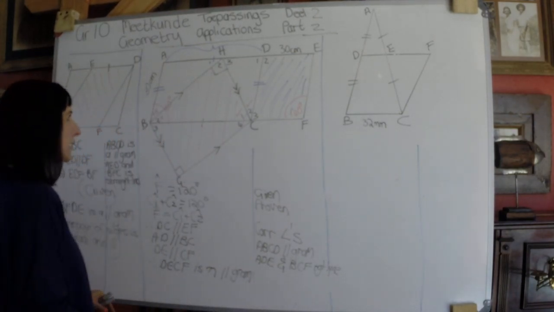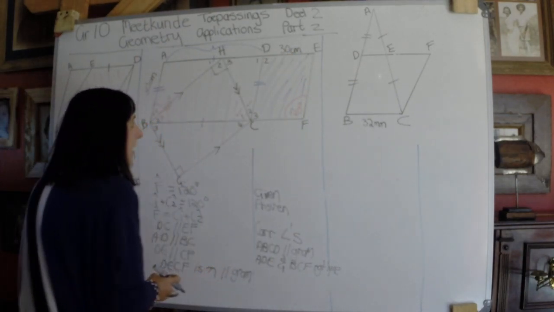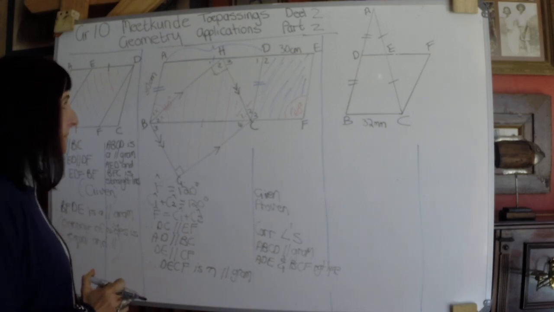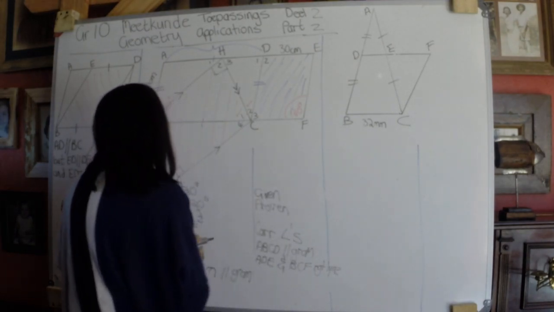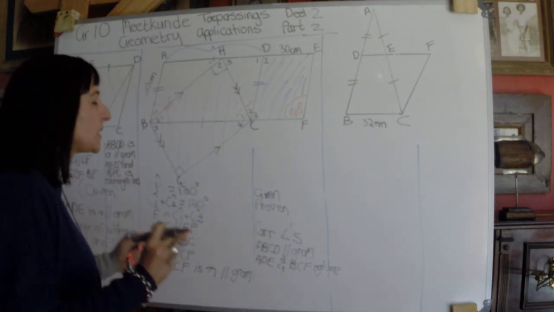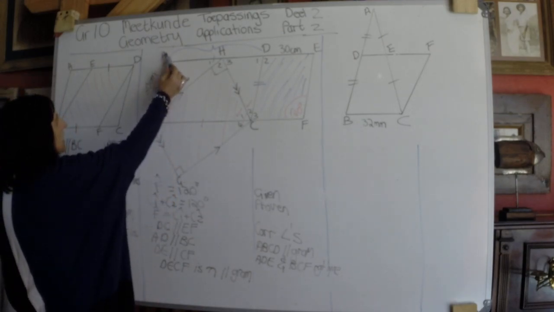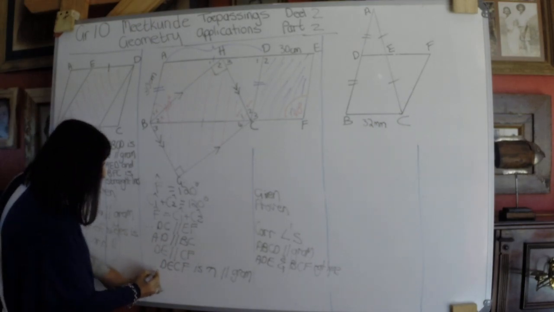That's a parallelogram. So I've proven this a parallelogram, but now I need to prove it's a rhombus too. Now a parallelogram, that sides are all equal, must be a rhombus. Nou kom ons gaan kyk gou-gou hierso. Ons het gesê dat AB is gelyk aan ED. That's been given.